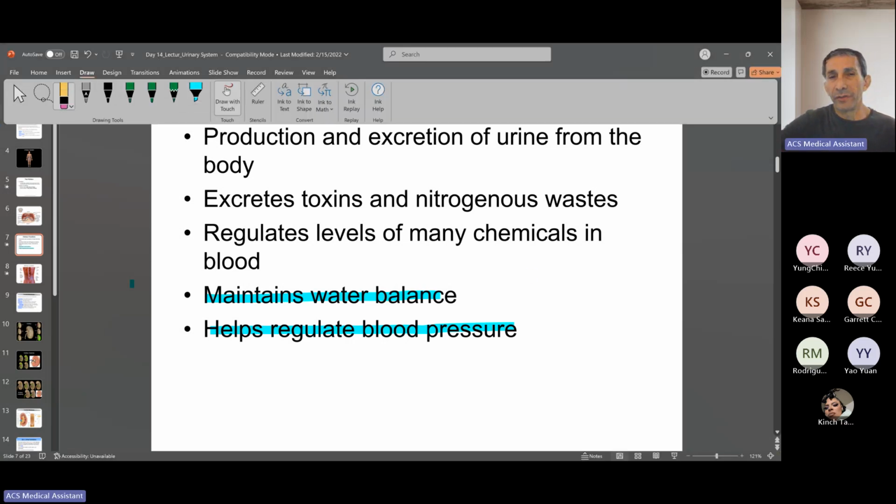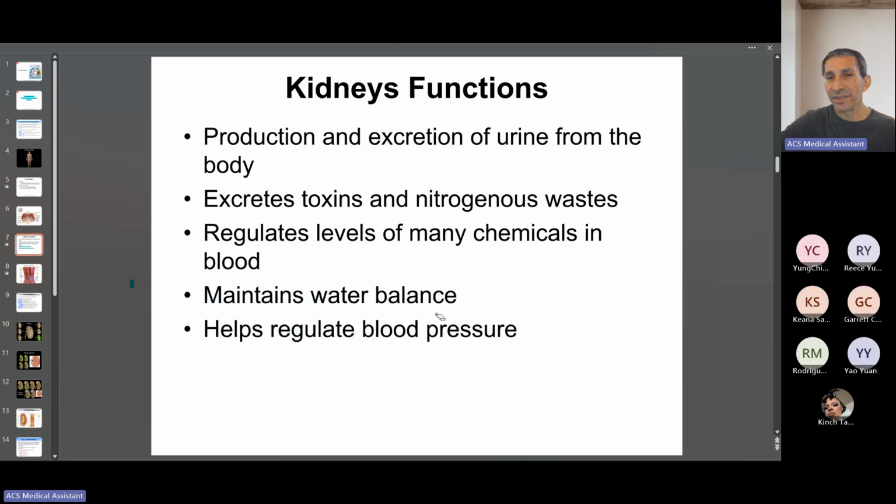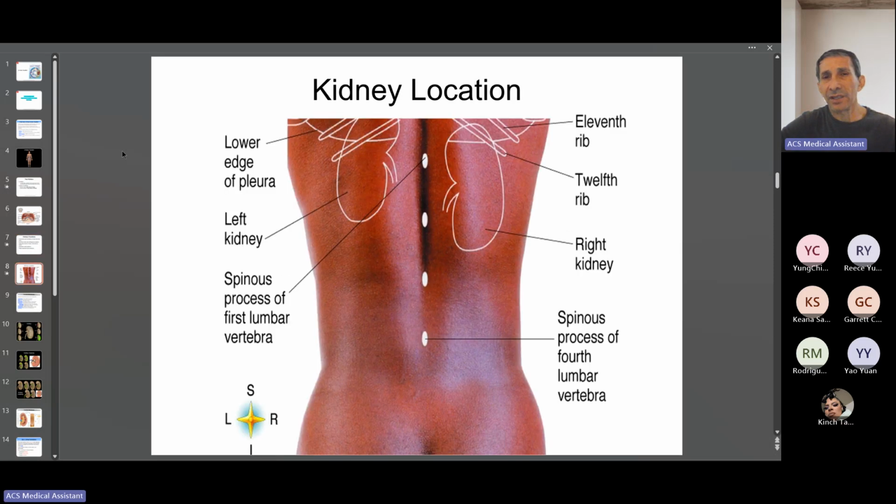So remember, in order for us to start ingesting things, we need to follow certain diets. We need to follow the doctor's recommendation. Other than that, eventually, we're going to damage these organs, whichever organ has to deal with the removal of the excess of these products that we ingest. So that's basically what it is.